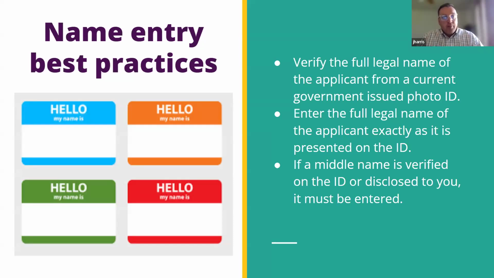If you see a middle name there on the ID, put it into the DACS system. We need to have that information. If it's not on the identification, but you are told that they do have a middle name and it's disclosed to you, please enter that in the DACS system as well. We have had some difficulties with the full legal name being entered in. We do need all that information to be able to process that background screening. Okay, next slide, please.